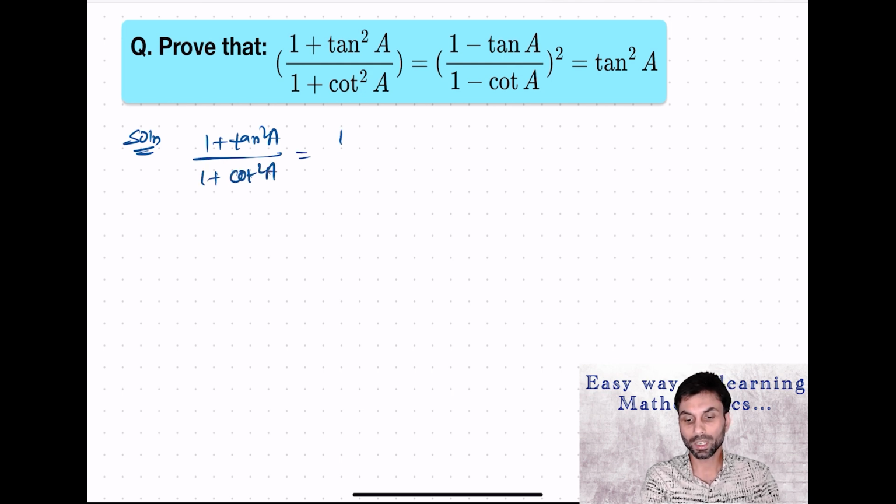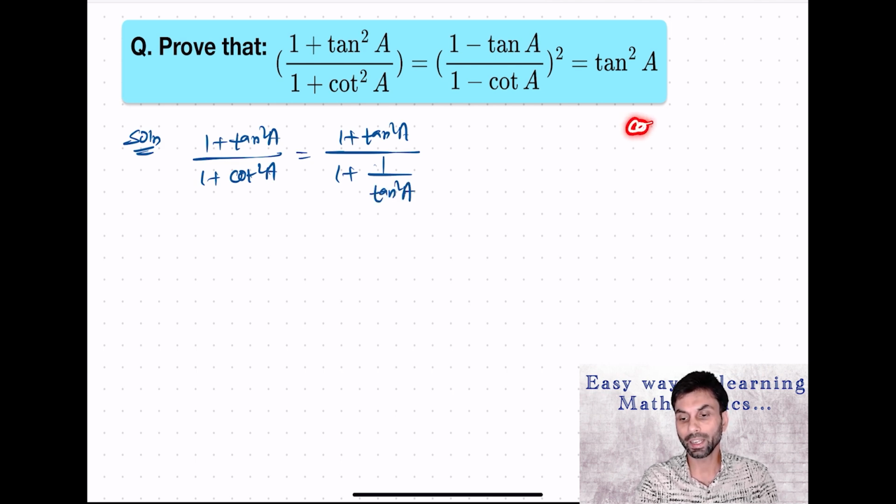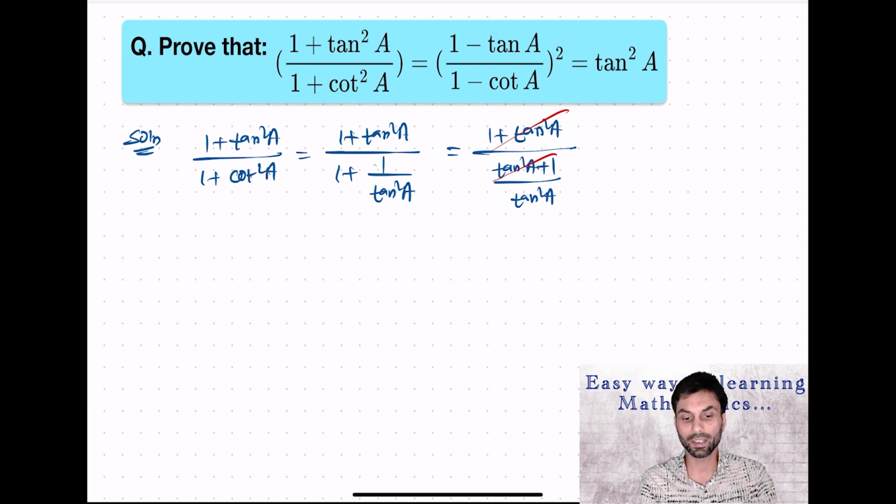We can write it as (1 plus tan square A) upon 1 plus this cot square A, which can be written as 1 upon tan square A, as we know that cot A is 1 upon tan A. So cot square A will be 1 upon tan square A, which can be written as (1 plus tan square A) upon, if you take LCM, it is tan square A, it will be (tan square A plus 1) upon tan square A. Here we can cancel 1 plus tan square A and tan square A plus 1 as addition is commutative, and we'll get the value of it as tan square A.